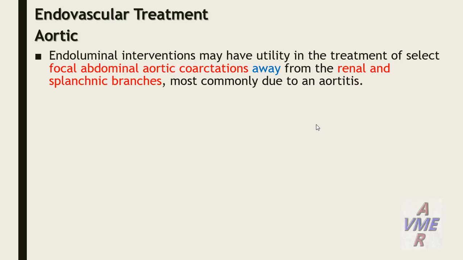Endovascular management for mid-aortic syndrome or developmental aortic disease. Can you treat the aortic lesion or aortic narrowing using endovascular treatment? Endoluminal intervention may have utility in treatment of selected focal abdominal aortic coarctation away from the renal and splanchnic branches, most commonly due to an aortitis.